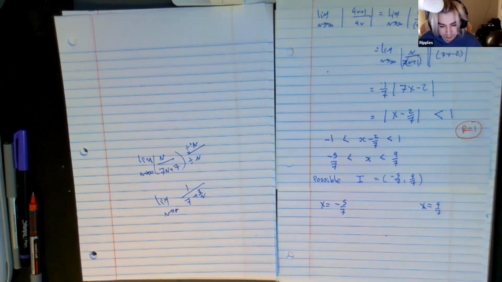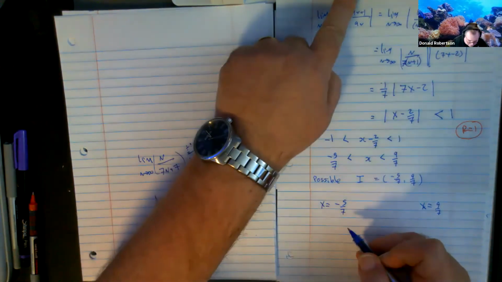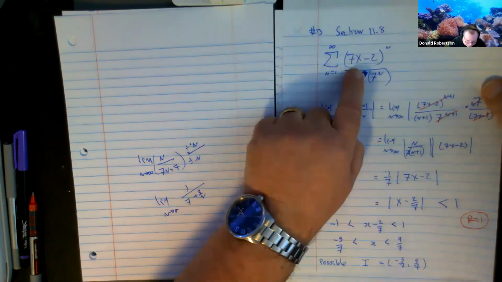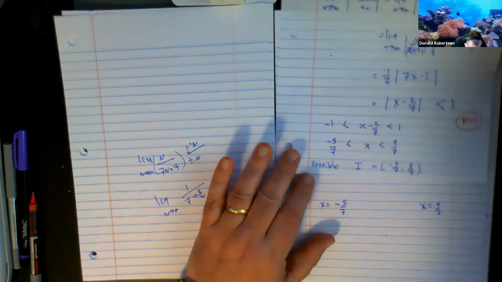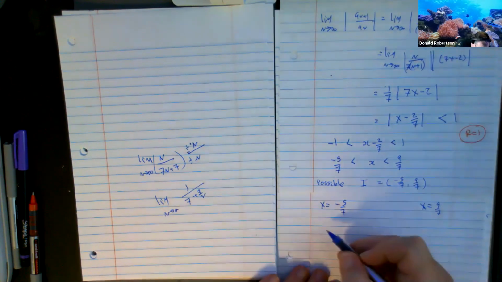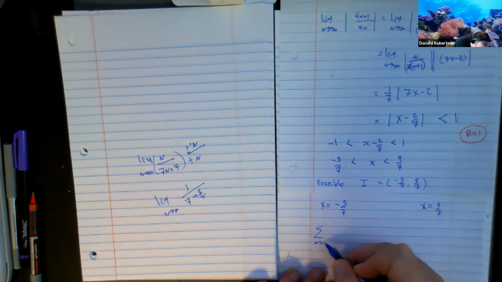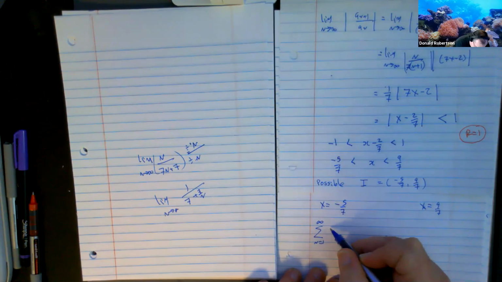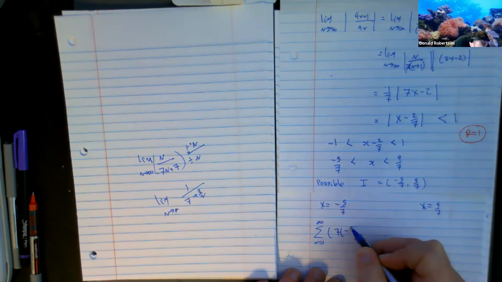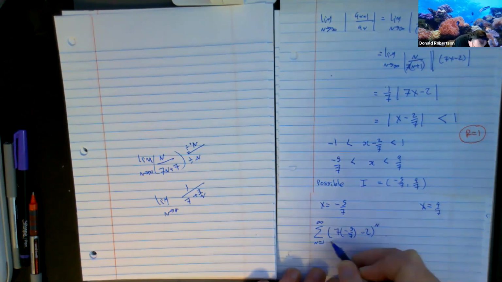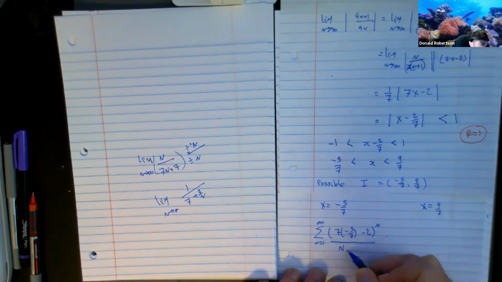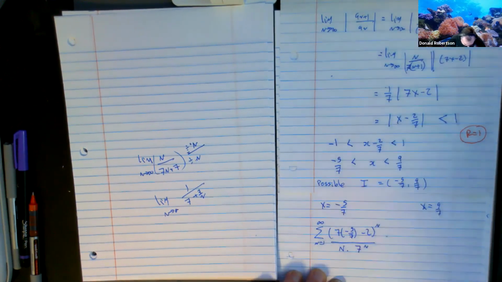Let's do the negative. Okay. So if we go to the original, which is this guy here, and you make x is -5/7, what you get is sigma n equals 1 to infinity 7 times -5/7, take away 2 to the n, all over n times 7 to the n.